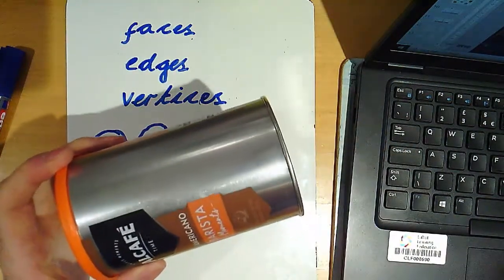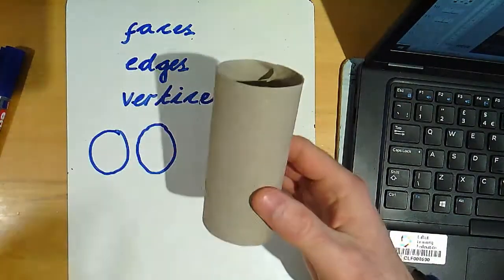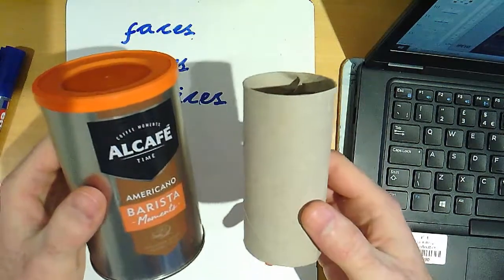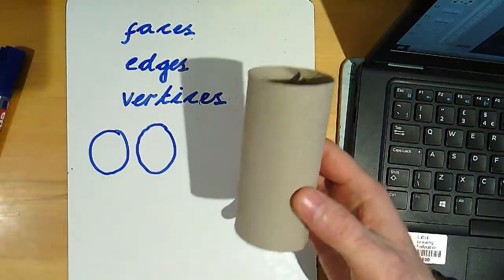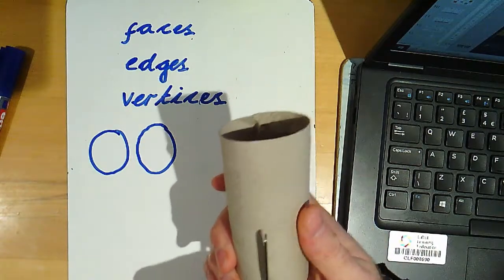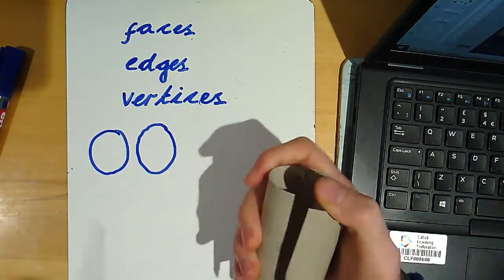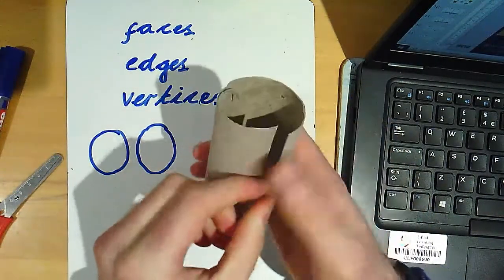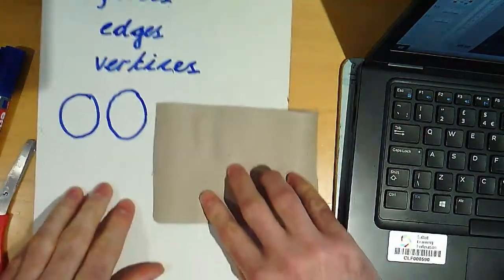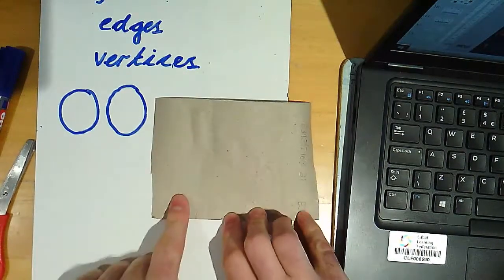Now, with my toilet roll here, I can show, this is representing my curved face on my cylinder. If I cut a line down it, cut it open like this, and then fold out my curved face so that it's now flat, I can see it's making the shape of a rectangle.